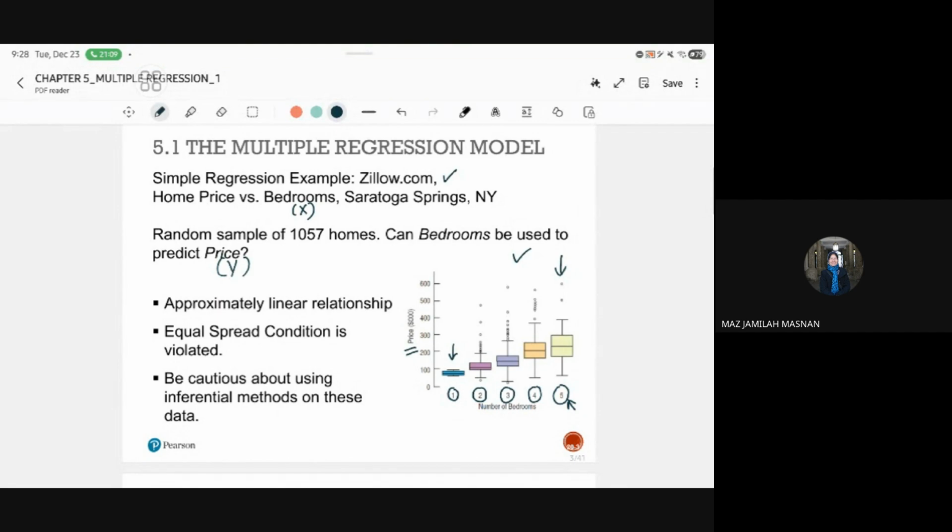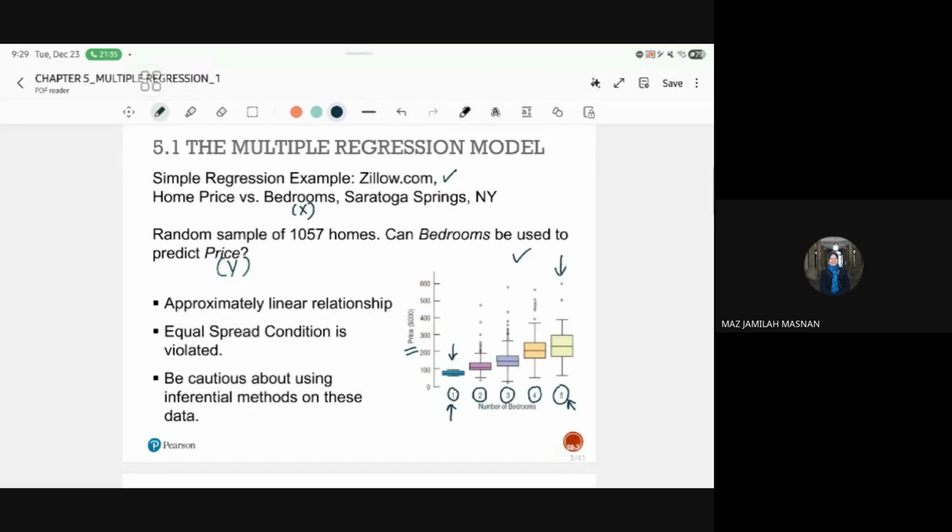Why do five bedrooms have more variation in terms of the price? Can someone tell me? Just a common sense question. What will be your common sense answer for this particular scenario? For one bedroom, the price is not as varied as compared to five bedrooms.